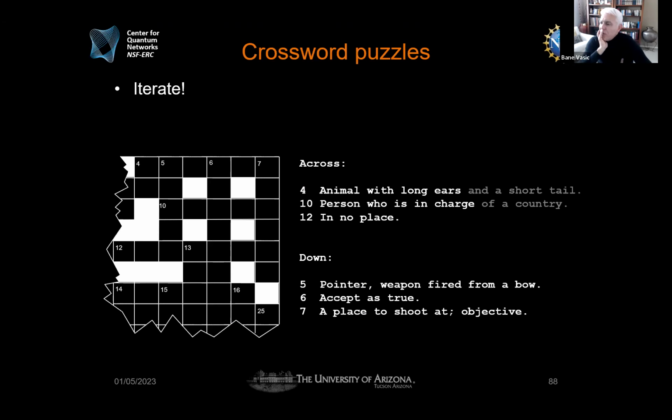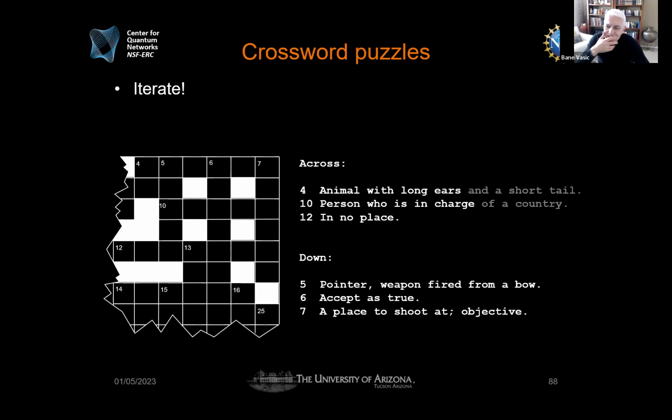Remember, you are supposed to put in the right letters, and you are doing this by looking at clues across and down. And as you are writing letters, you become more and more sure about the correct letters, you write this on the paper with the pen, and you make the letter bolder and bolder.